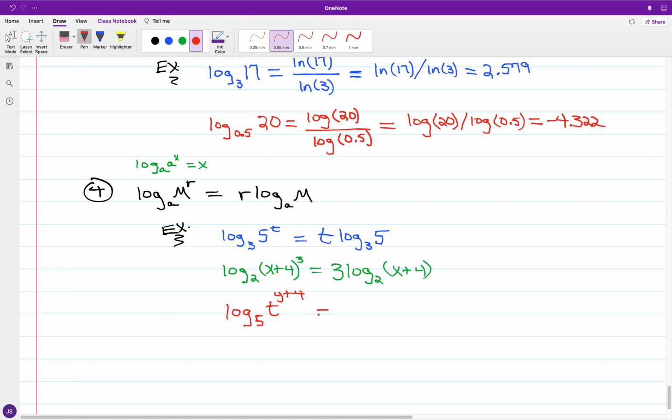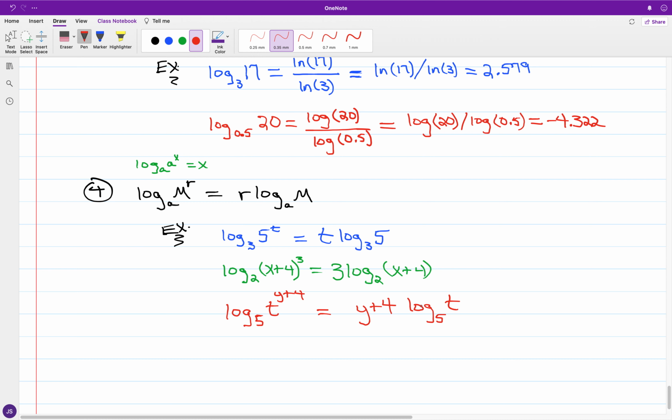Now the inclination might be to write this result out: a is at 5, m is at t, r is at y plus 4. The initial impulse might be to write this as y plus 4 times the base 5 logarithm of t.